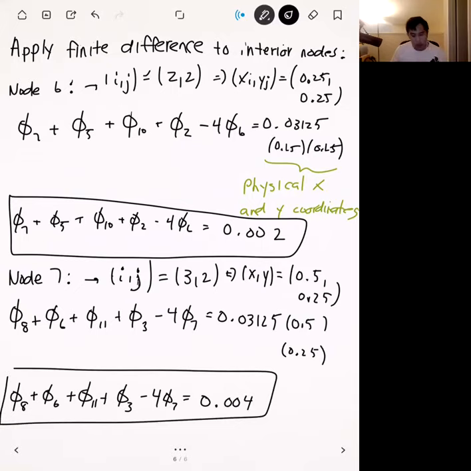And there's the second equation out of 12 that we need. For nodes 10 and 11, those are going to be more or less the same thing, so let me speed right through those so that we can get to the boundary conditions.